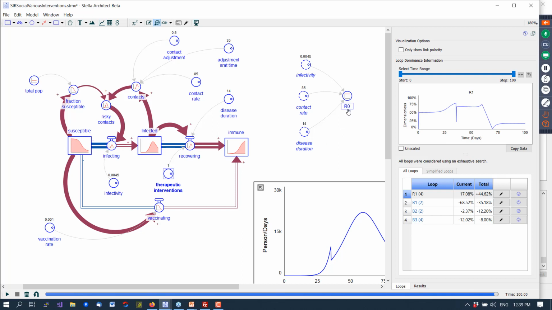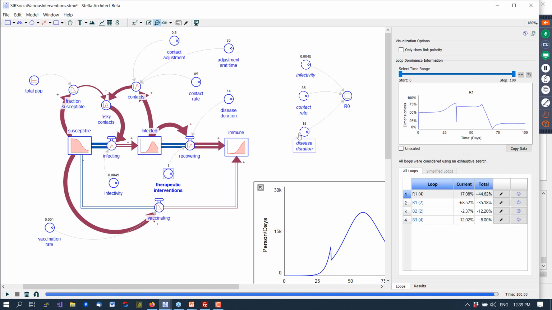Now, one thing worth noting on R0 is that it is the product of infectivity and the contact rate. Those two together determine the speed of the exponential growth rate, if you will, during the uptake part of that curve. And finally, the disease duration.